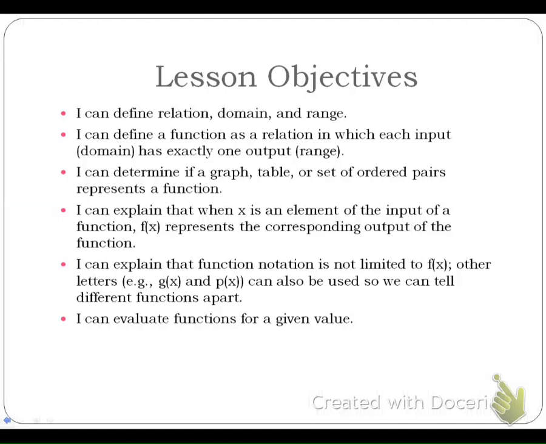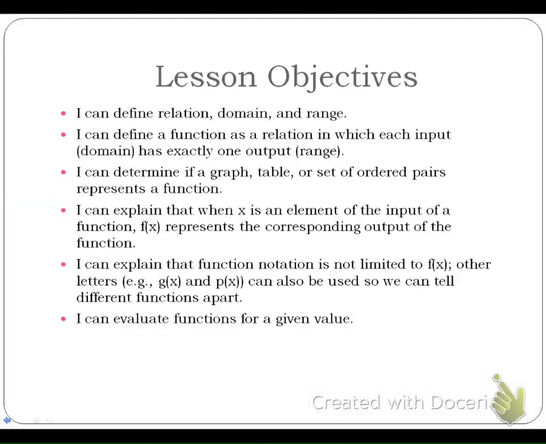By the end of this lesson, you should be able to explain when x is an element of an input of a function. Then we're going to use this new notation called f of x to represent the corresponding output of a function. It's just a fancy way of saying y.